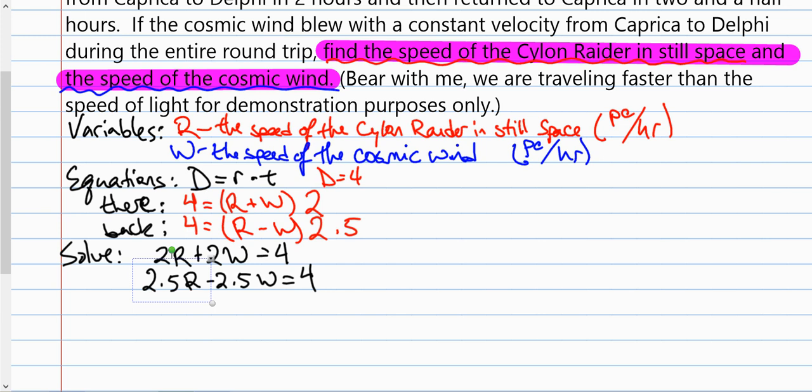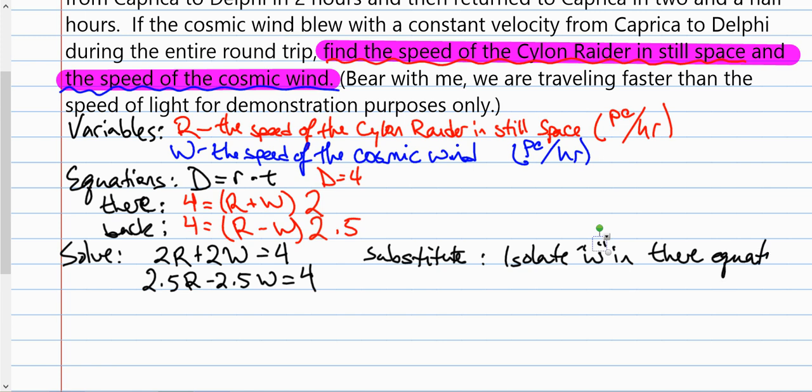So in this case, I'm actually going to substitute. I'm going to isolate W in my there equation, and I can see that it will leave me with fewer fractions or even decimals.